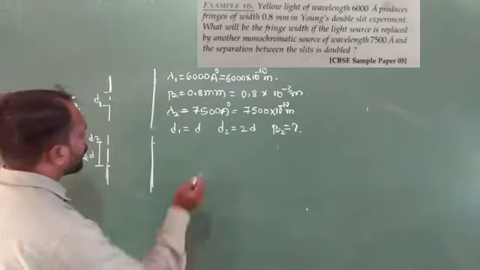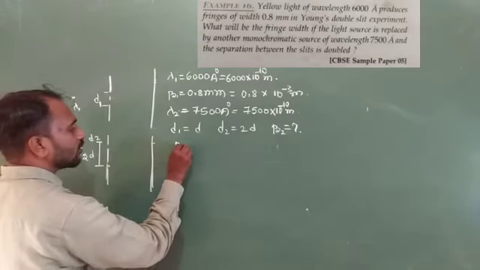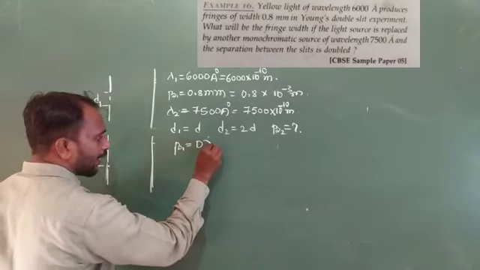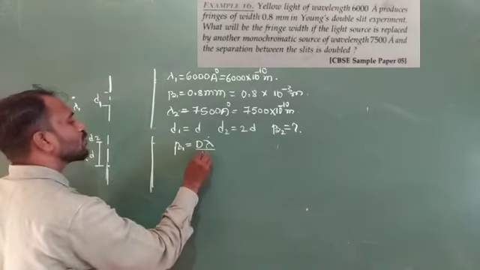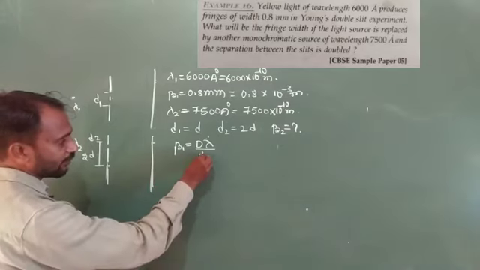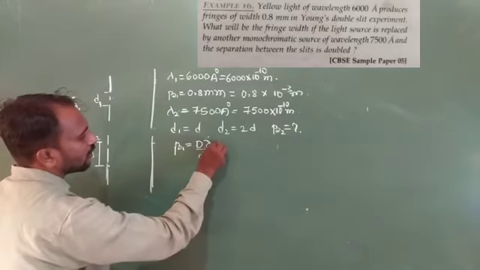In the first case, beta 1 is equal to capital D into lambda divided by small d. So this one is beta 1, and here we consider wavelength lambda 1.